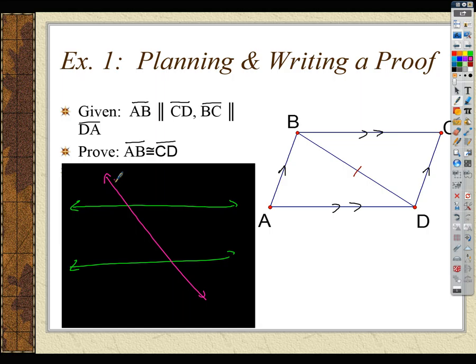CBD. So that's this angle right here, which corresponds to that one. And what other one? BDA. So this angle right here corresponds to that angle. Does everybody see that? And what would my reason be? Alternate interior angles, right? So there's that one.